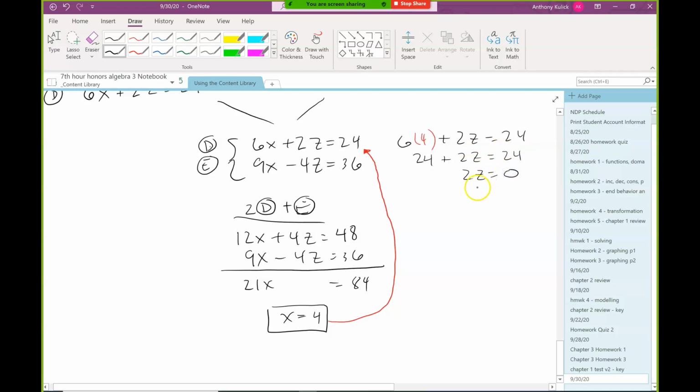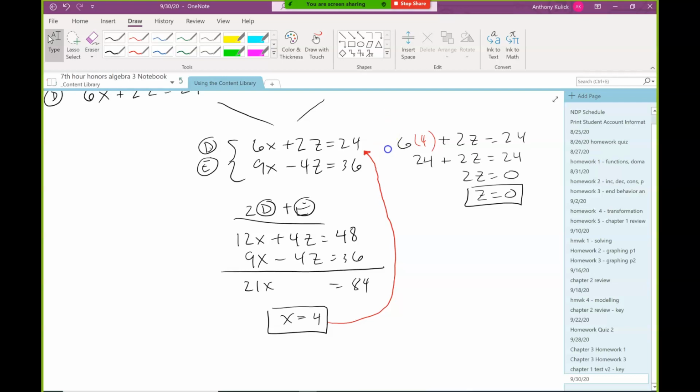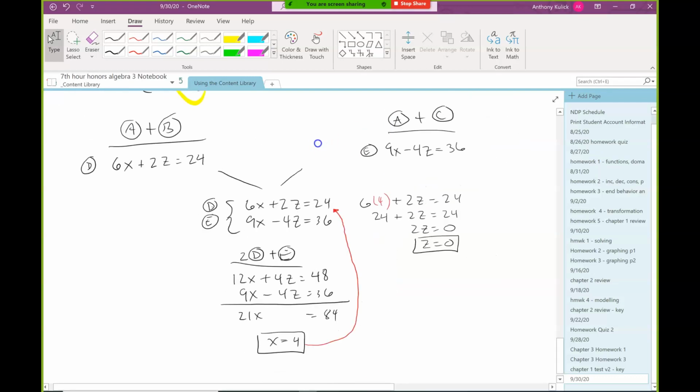Subtract 24 from both sides, divide both sides by 2, and I'm left with z equals 0. Are we okay there? Okay.